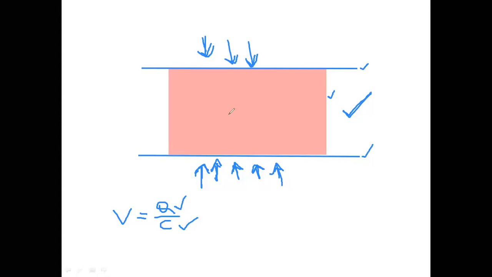These are two parallel plates with the crystal in between as a dielectric, so it behaves as a capacitor. Therefore, output voltage V equals Q by C.